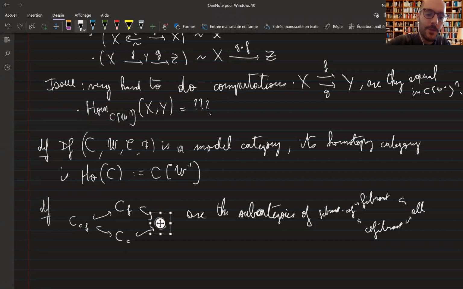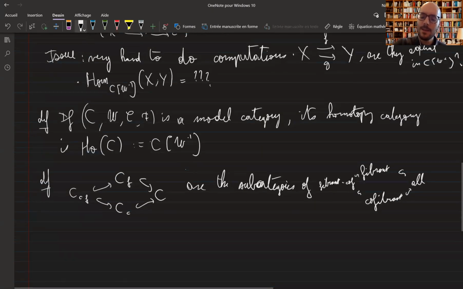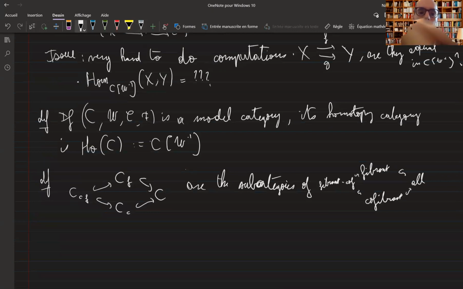And here in C, you have all objects. So you take your category C, and you consider the subcategory formed by all fibrant objects, or the subcategory formed by all cofibrant objects, or the subcategory formed by all objects which are at the same time fibrant and cofibrant. As a remark, these objects are sometimes called bifibrant, but this isn't really standard. I've seen this in a lot of places, but other authors do not use this terminology.